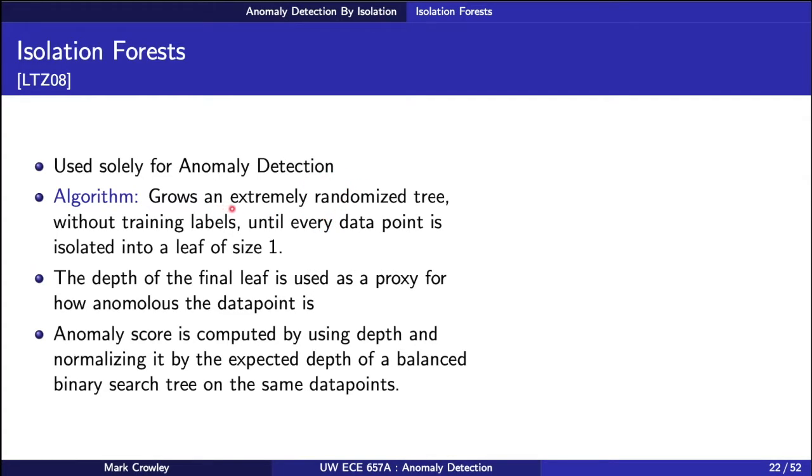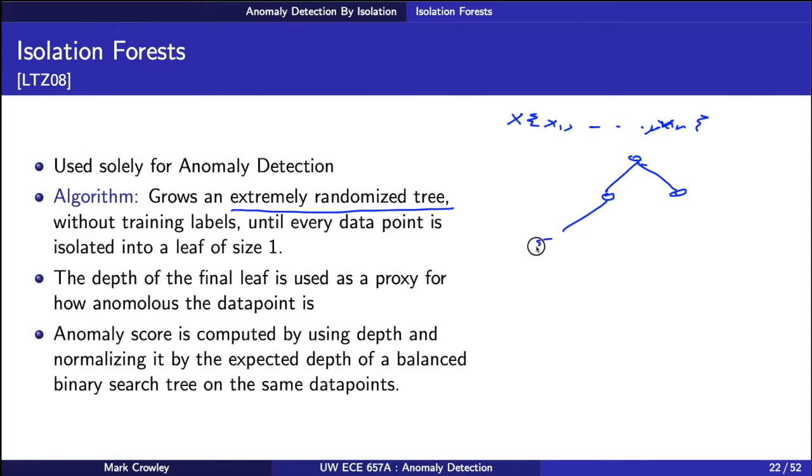If you remember back to decision trees week, we had a type of decision tree called an extremely randomized tree, where we learn a tree of data. So we have our data points like usual, and we're going to learn a tree where we split on some of those data points.